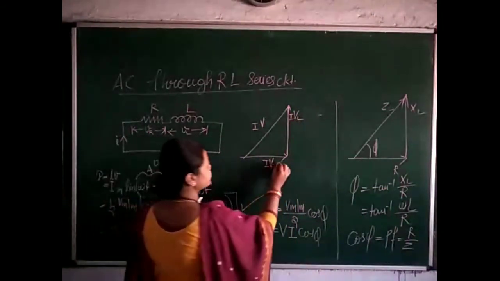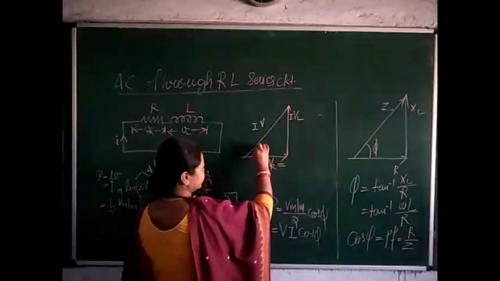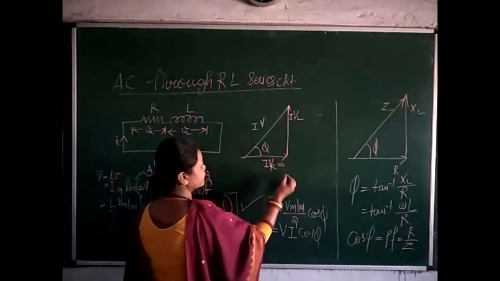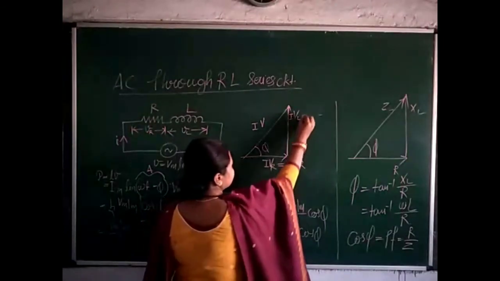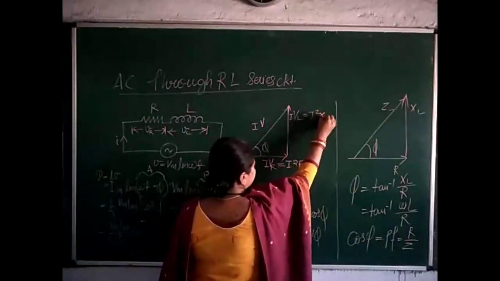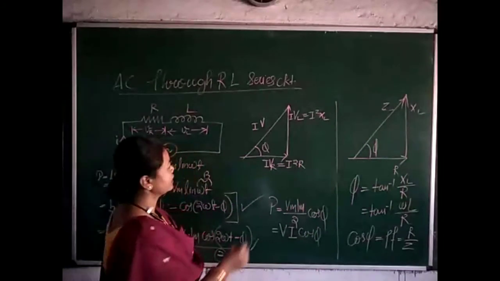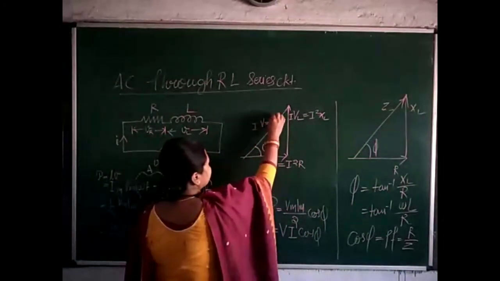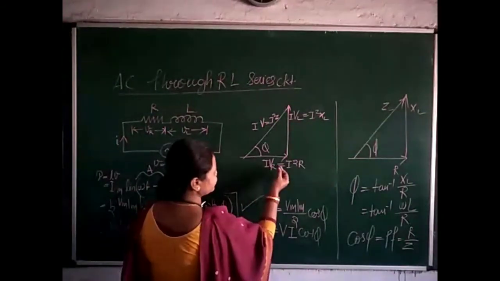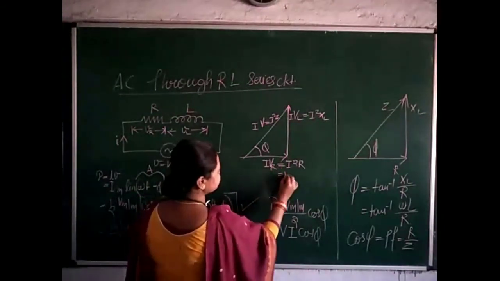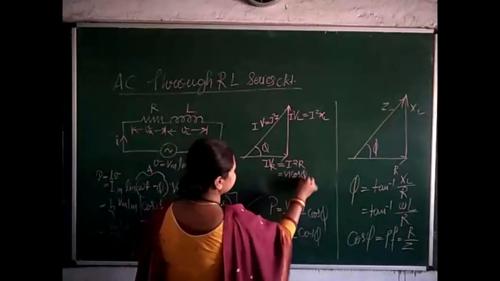And this angle is the power factor angle. You may write this equation as I square R. This one is I square XL. This one is I square Z. Now you may also write this equation as VI cos phi.